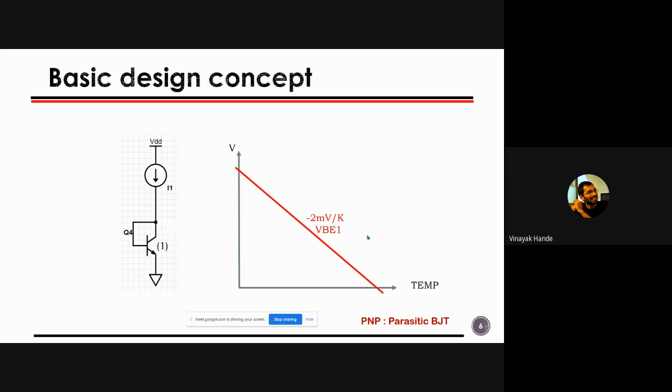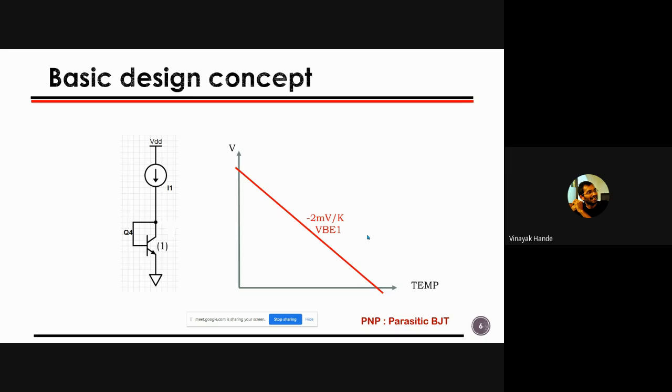So that's all about the PNP. But you have to keep in mind that this PNP is a parasitic, and its beta is quite small, right? Because the transistor you have seen in the lab has a beta of around 100, 200, 300, and this beta lies around 2 to 4, which is quite small. We don't actually want amplification out of this parasitic BJT, so it's okay.